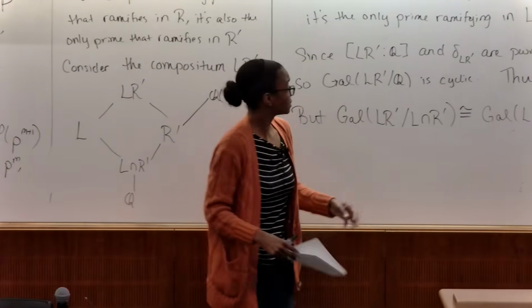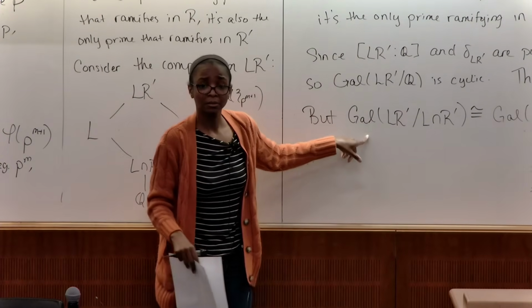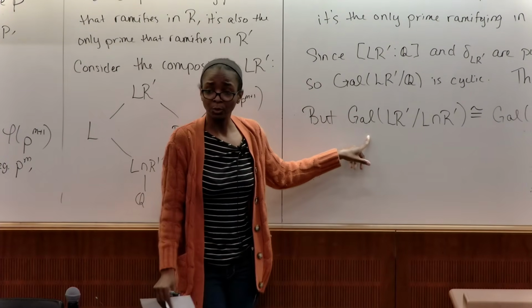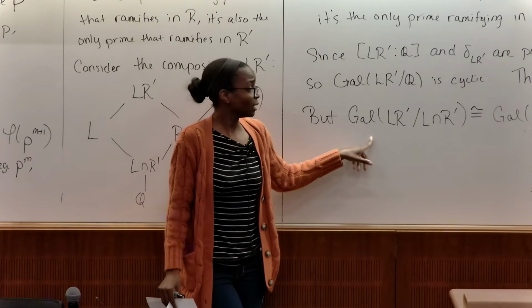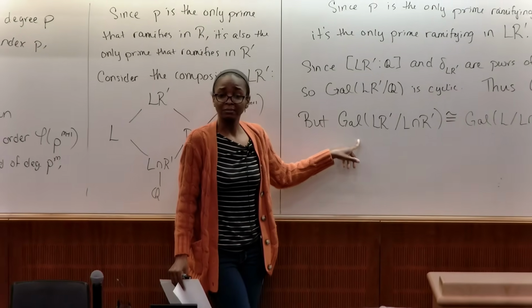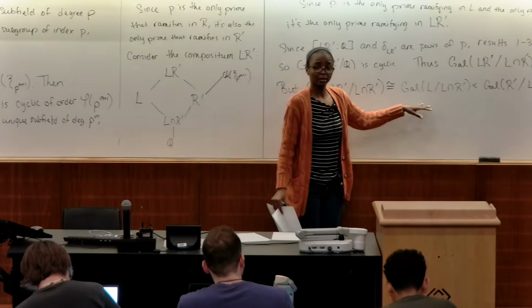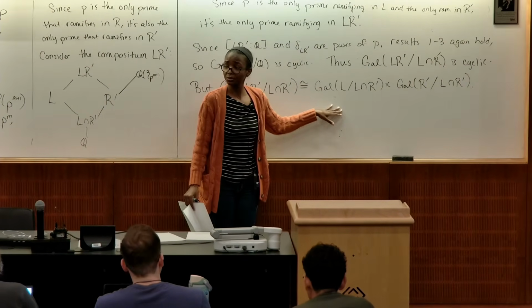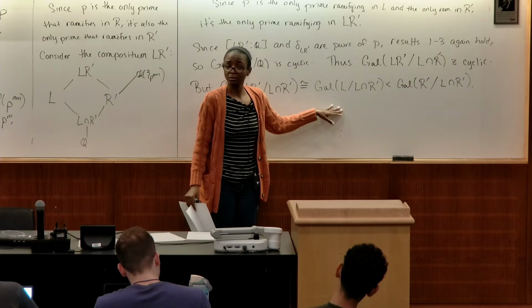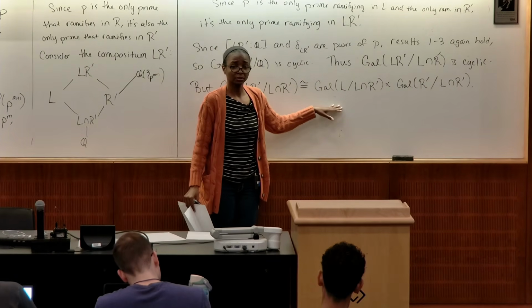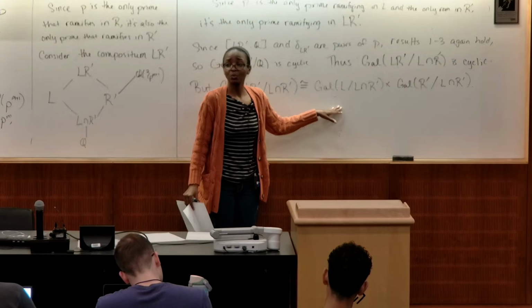But y'all, this is a cyclic subgroup of order p to some power, and it is also a product of two other groups that are also powers of p in order. There's only one way that can happen.